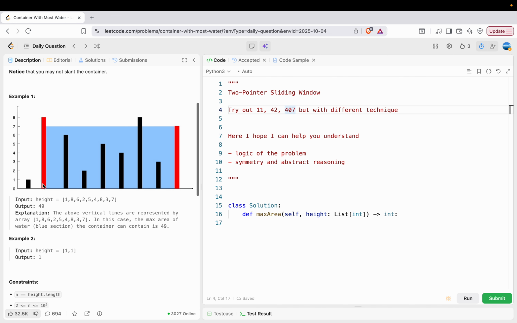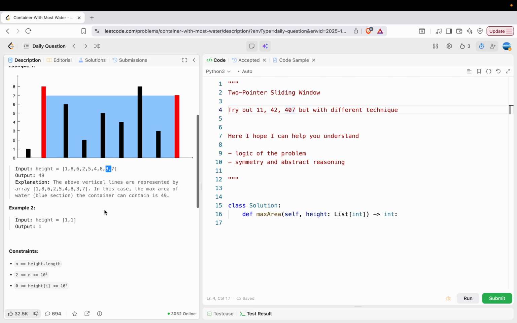If you look at example 1, the return is 49. Basically you choose the first one, you choose the second one, and then you choose this one, right? In between, this is the 3, this is the 6, this is 8. The length is 7. So 7 times 7 is 49, right?